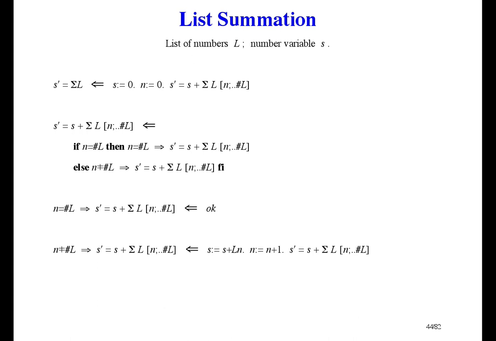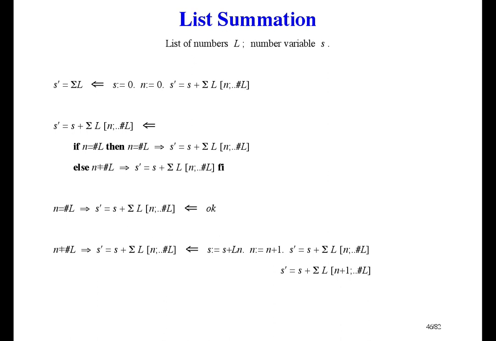Every time we refine, we have to prove the refinement. And the proof of this one is to use the substitution law, going from right to left. So let me write down the right end. There. Now we have to replace n by n plus 1, so let's do that.